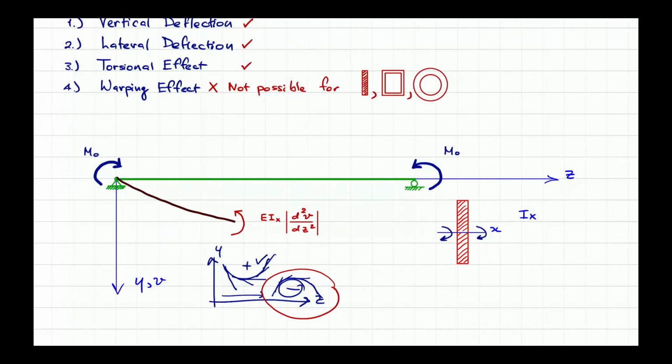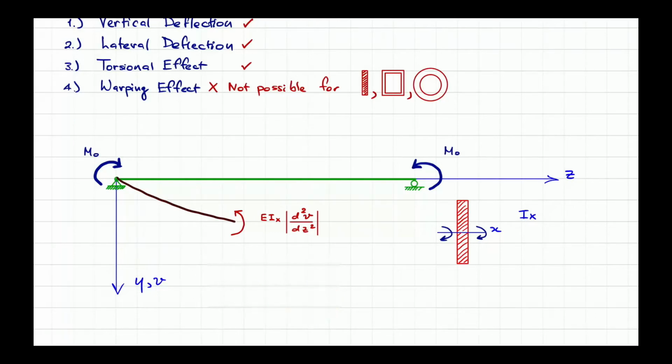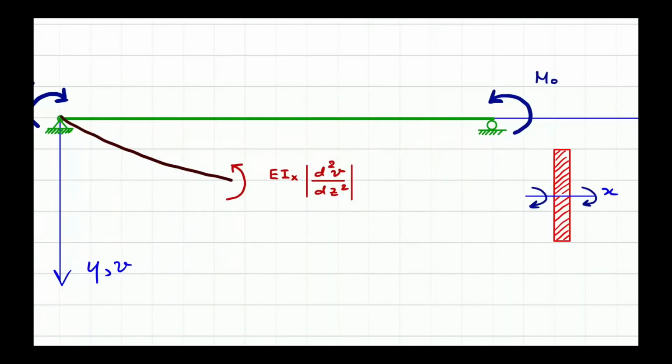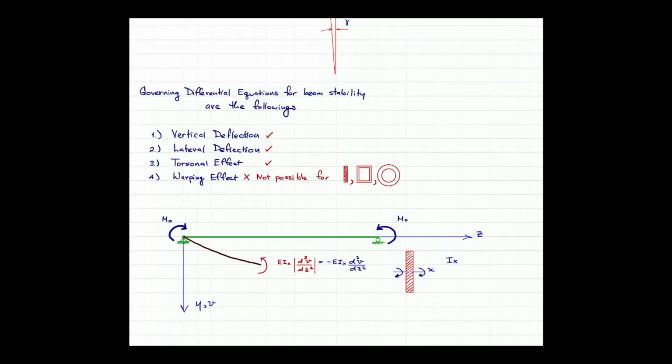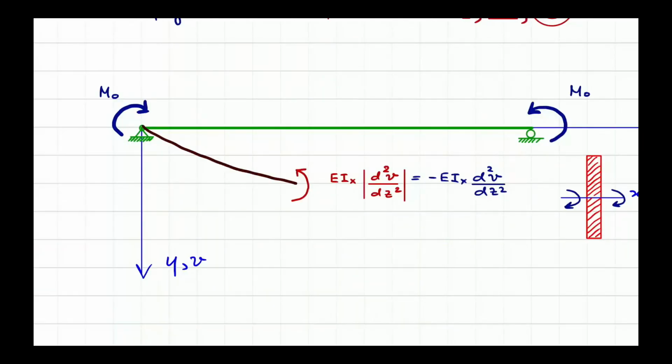So if you want to take the second derivative out of the absolute sign, then it is going to be equal to minus EI_x times the second derivative of v with respect to z. Okay, and we can write the equilibrium equation.